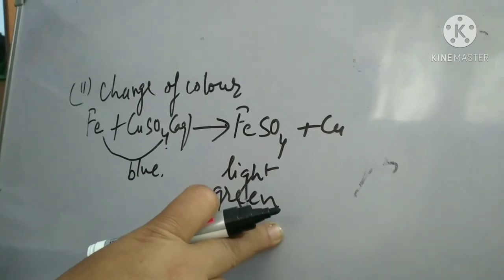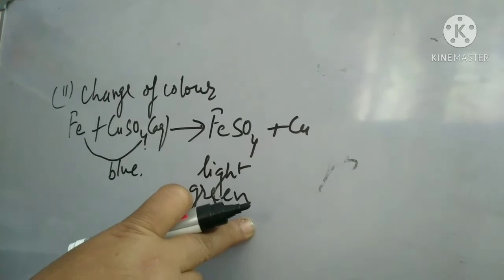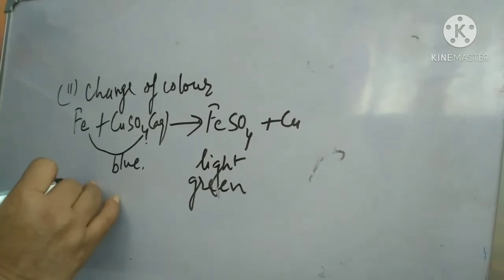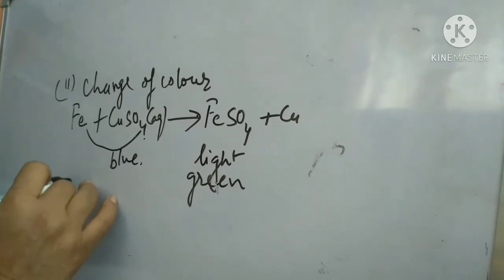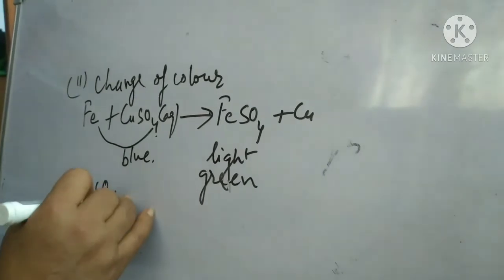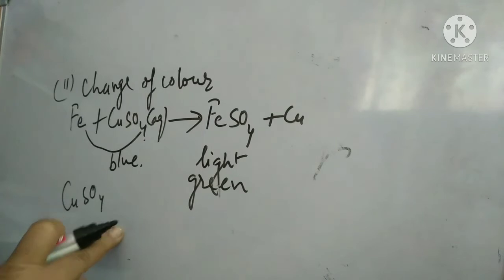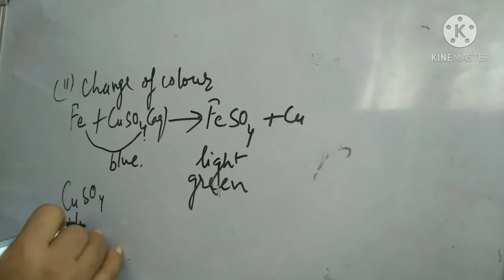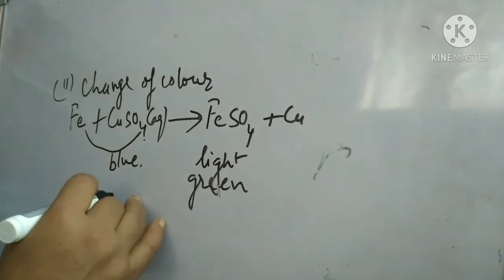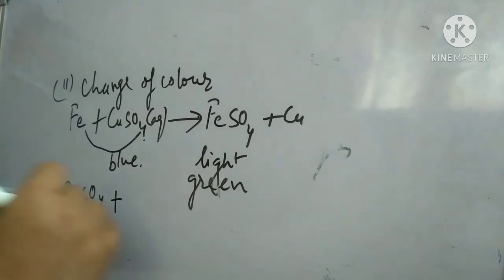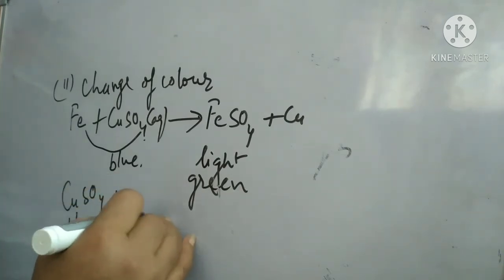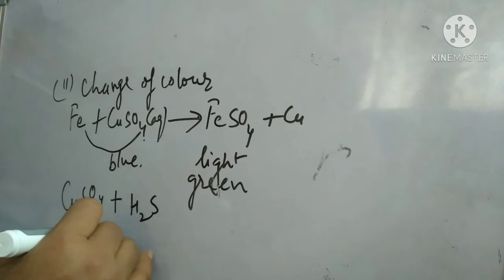Now another example we can take is copper sulfate, that is the solution of copper sulfate, which is blue in color, where it will react with hydrogen sulfide gas.